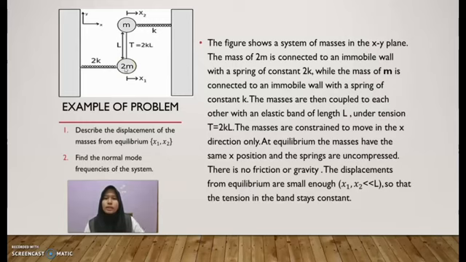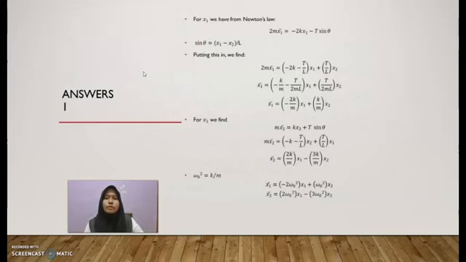The displacements from equilibrium are small enough, x1 and x2 smaller than L, so that the tension in the band stays constant. So first, we have to describe the displacement of the masses from equilibrium, x1 and x2. In this question, we use Newton's law.